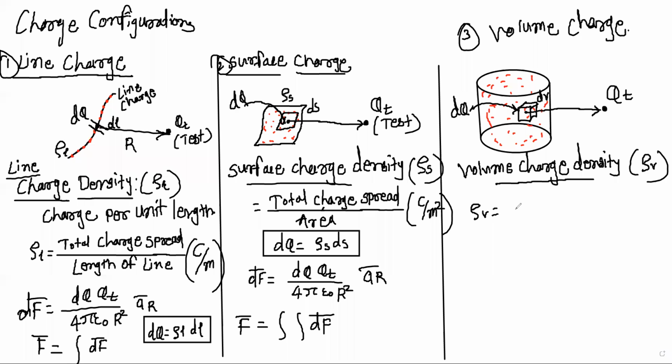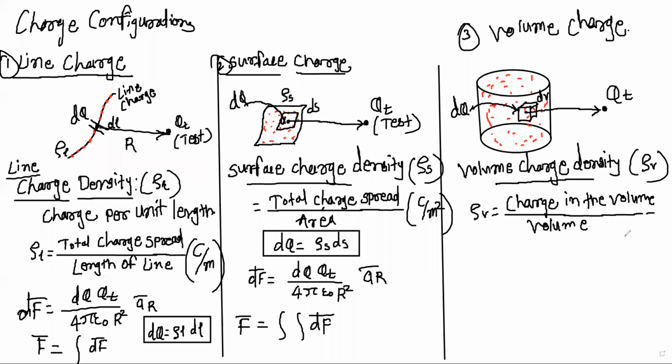Rho V is equal to total charge in the volume divided by total volume of that cylinder.